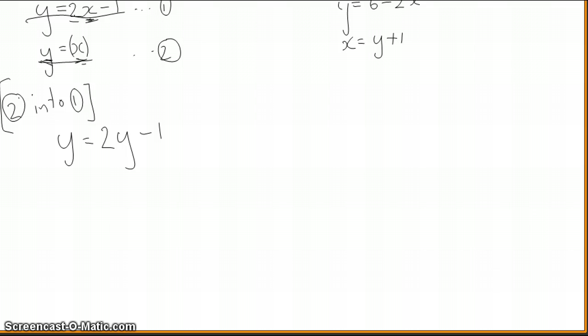Notice my new equation only has y's in it, and whenever you have an equation with one unknown, you can solve that equation. So I'm going to collect y's where there's more of them on the right hand side. So I'm going to subtract 1 y from the left, and I'm also going to subtract 1 y from the right.